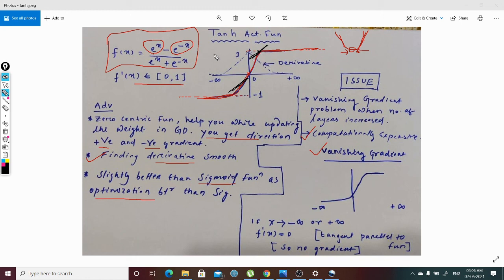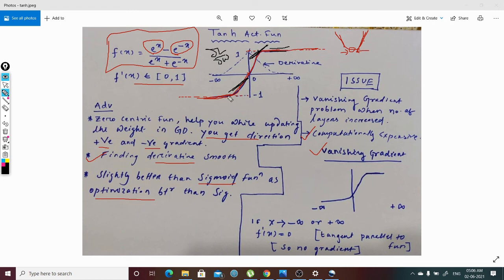Gradient is nothing but the derivative of the loss with respect to the weight. This is the gradient that we need to find out. So yes, we can find the gradient here. But if your value is quite a high positive number, in this position you cannot find a useful tangent, because your tangent line will be parallel to your function graph.